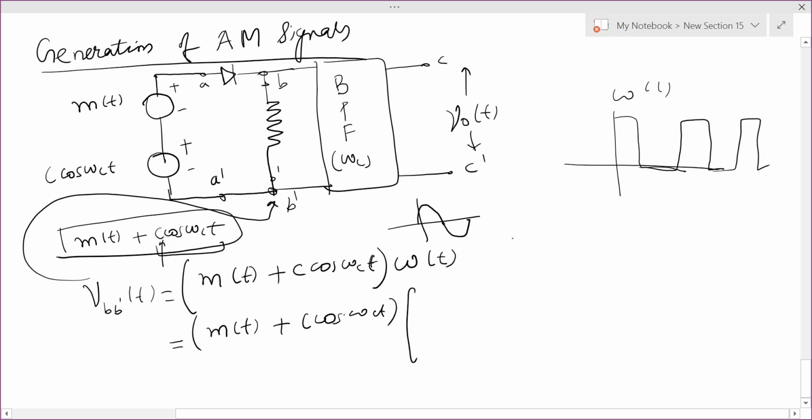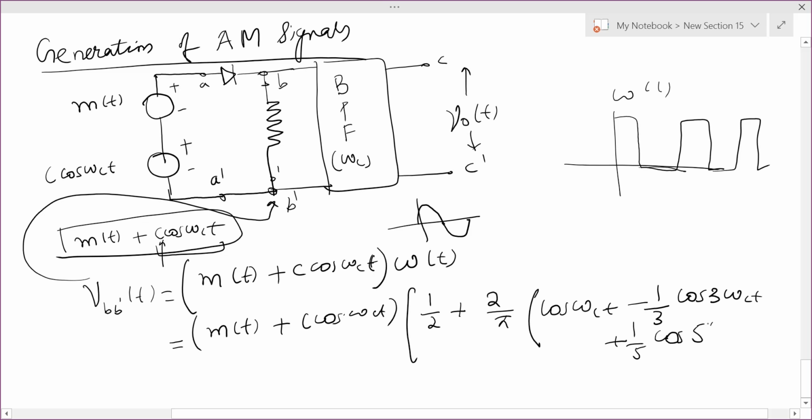The Fourier series of this on off signal is, we have already done it, 1/2 plus 2 by pi cos omega c t minus 1 over 3 cos 3 omega c t plus 1 over 5 cos 5 omega c t, and so on and so forth. You know this.